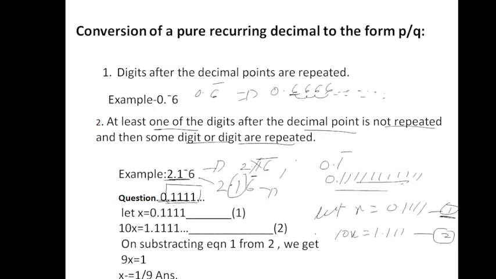On subtracting equation 1 from equation 2, that means 10x equal to 1.111 is equation 2, and what is equation 1? x equal to 0.1111.